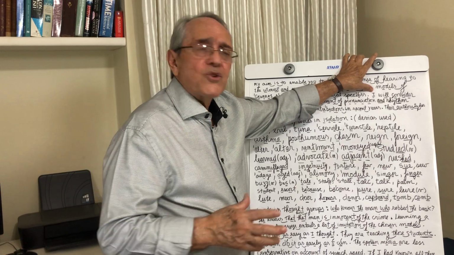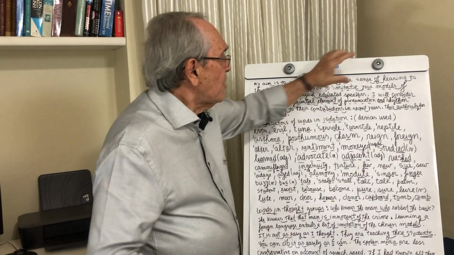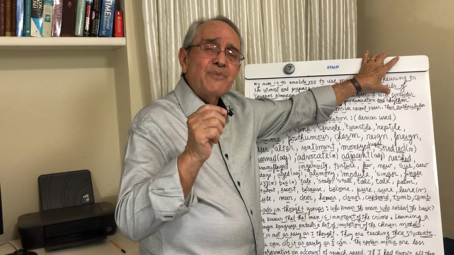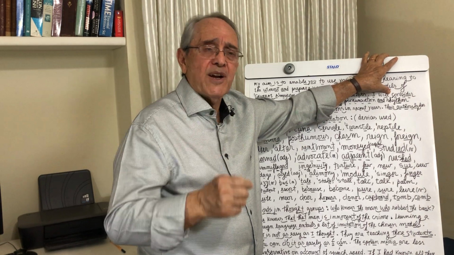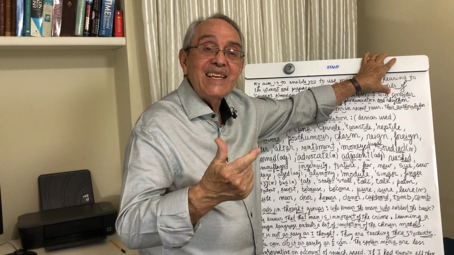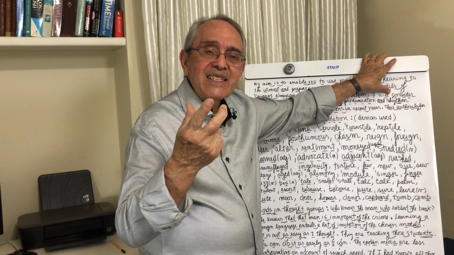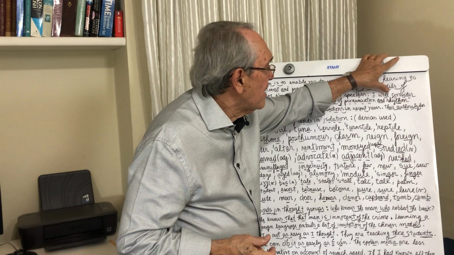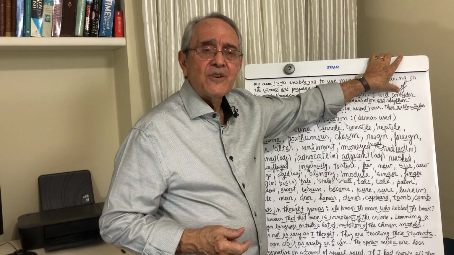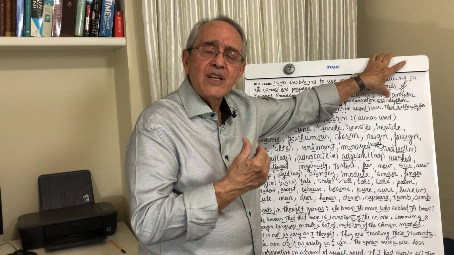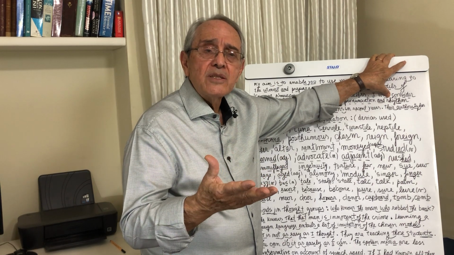I'll consider. Now look what I did to consider. This is something that gives you a terrible foreign accent. Consider. You have three schwas there. Consider. The stress is on sid. So the previous syllable becomes obscured.